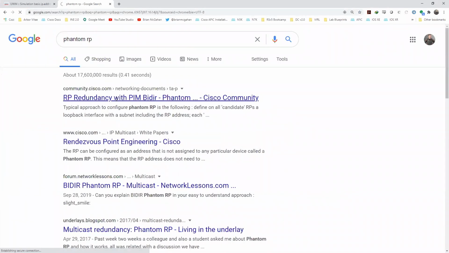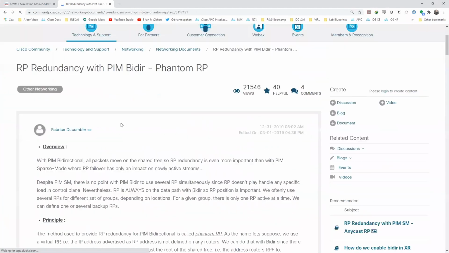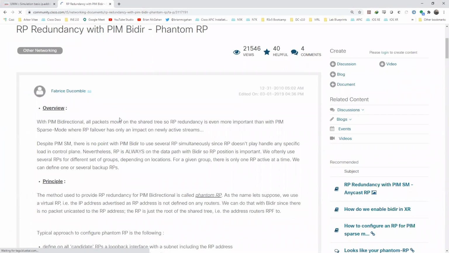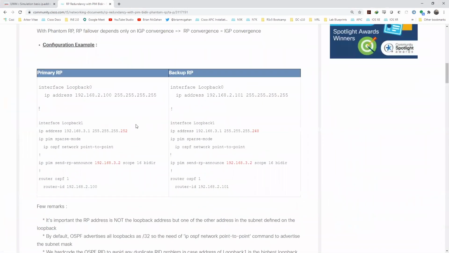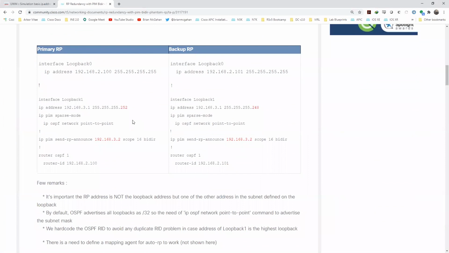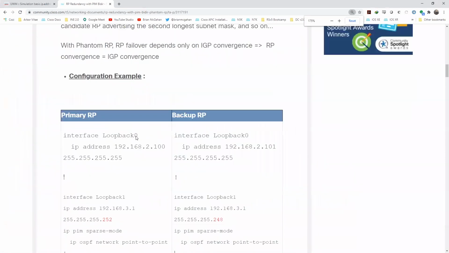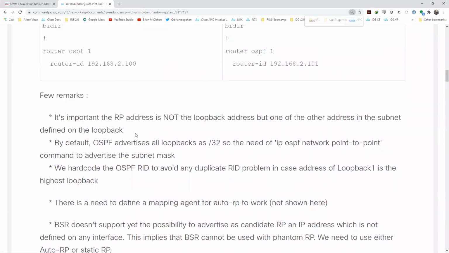Normally you use this with bidirectional PIM. But with Phantom RP, you have one loopback that has a longer mask than the other one.